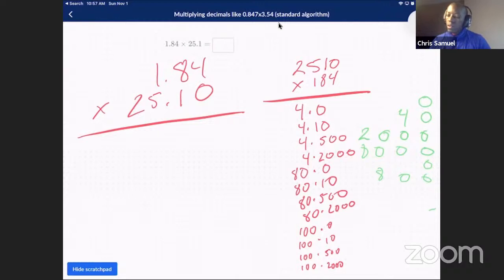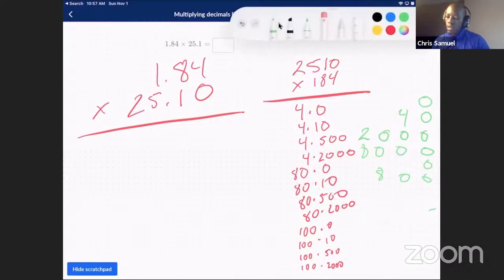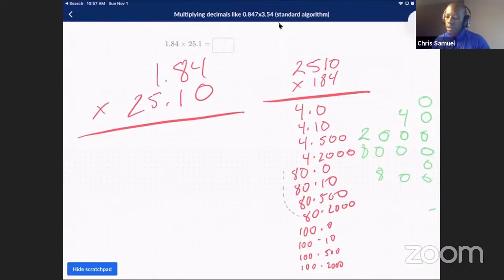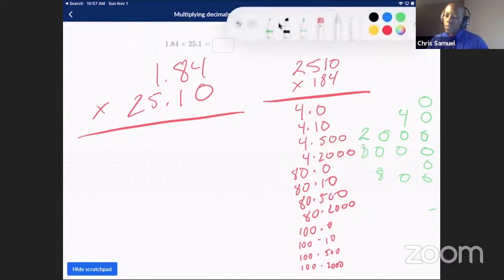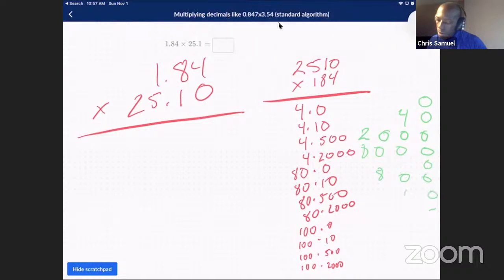So we need to move this back a little bit. So we have 0, 0, 0, 0, 4.